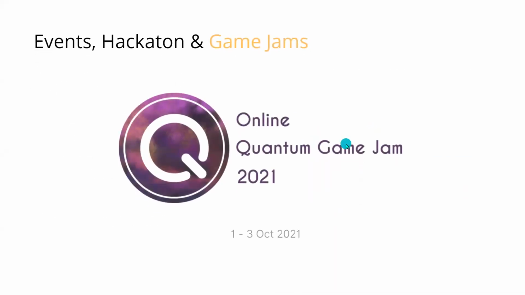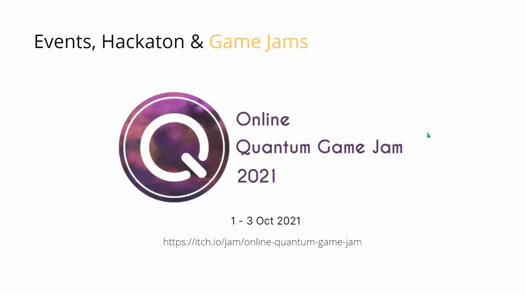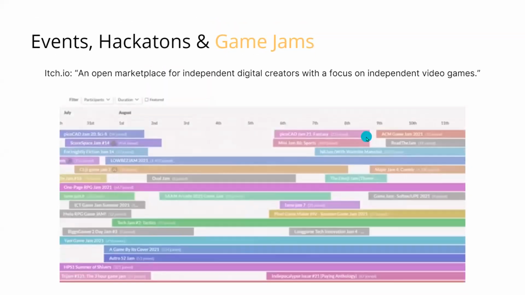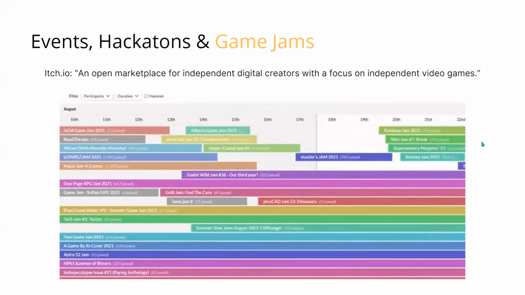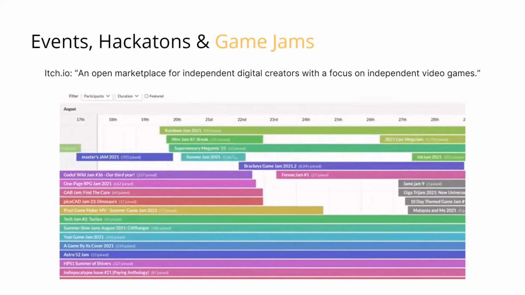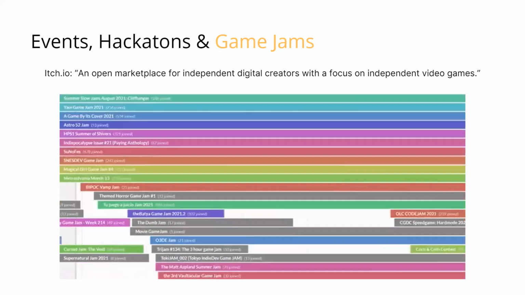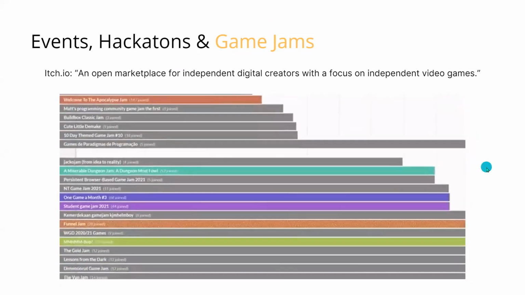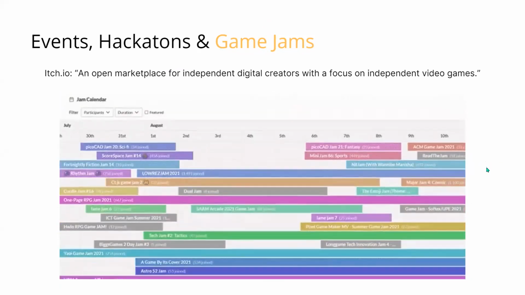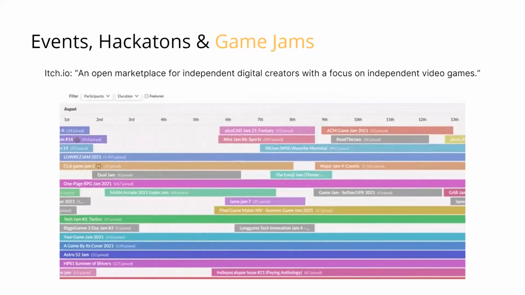And then the online Quantum Game Jam 2021, that we are going to hear more details about in the next talk. Okay, so on the page itch.io, we wanted to show you, this was a month ago, how many people are working in game jams right now. So there are a lot of people and a lot of opportunities that you could check out.